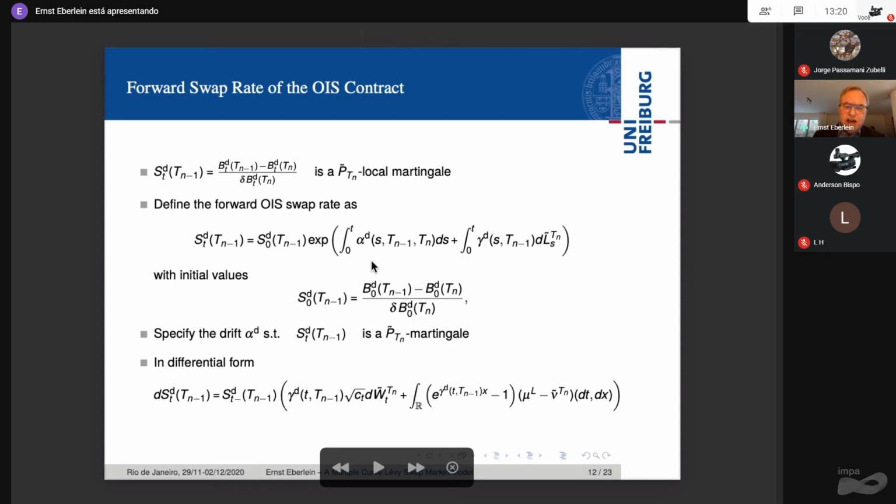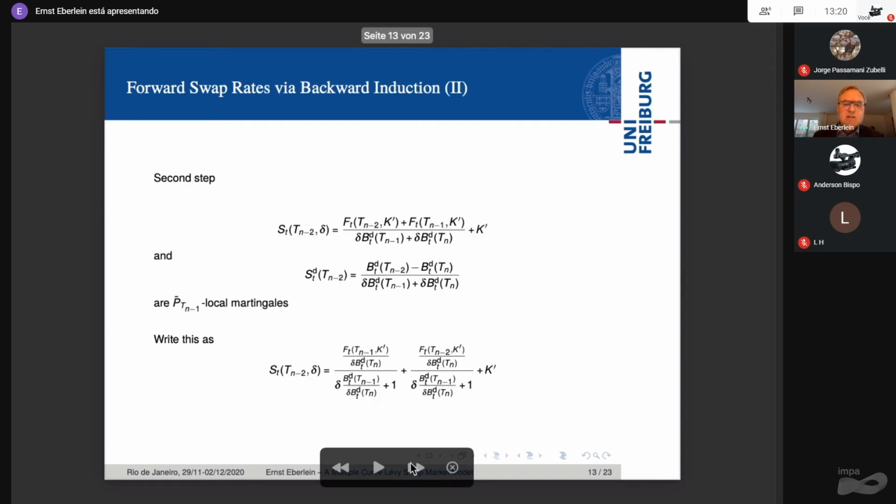We choose again the drift corresponding to the input here, and then with the same argument you see it's a true martingale. And of course, this ordinary exponential can easily be written as a stochastic exponential or equivalently as a stochastic differential equation. We will need this in a few minutes.